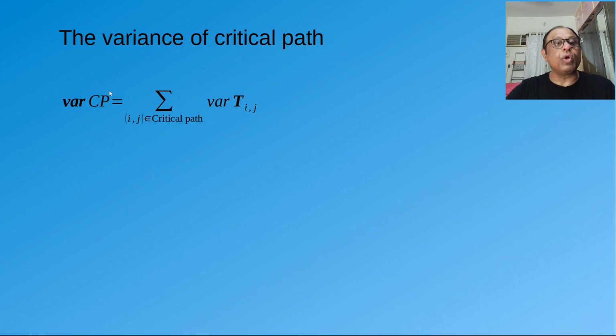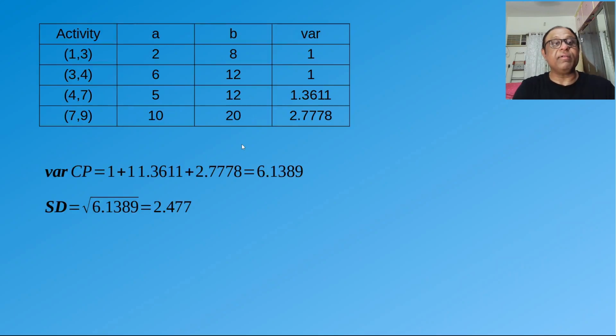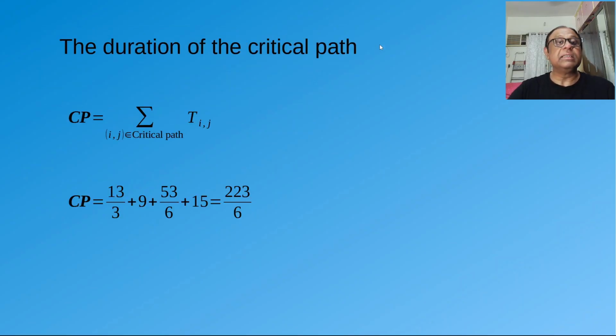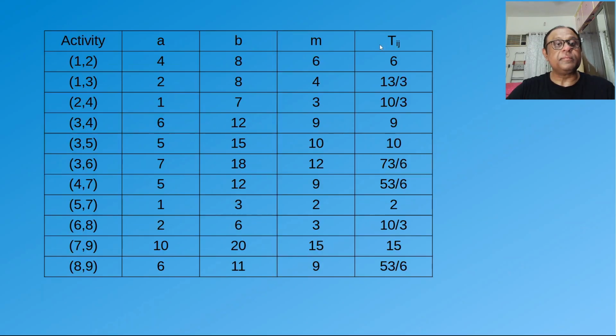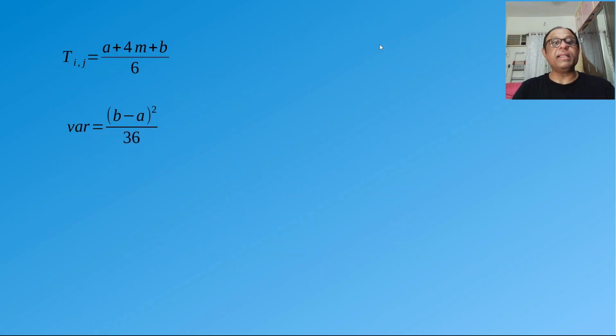For this, first, what you do is you add all the variances of the critical path. So that I have done here. The critical activities which form the critical path are 1-3, 3-4, 4-7, and 7-9. So I find the variance. The variance is nothing but, let me show it here in the formula, (b minus a) the whole square by 36.